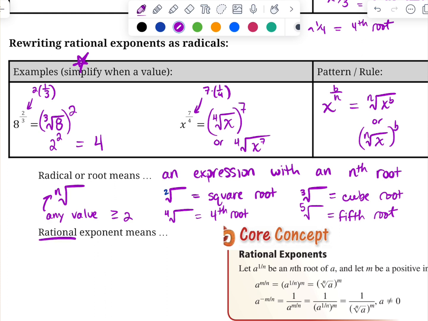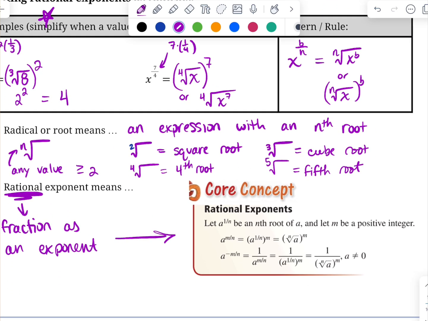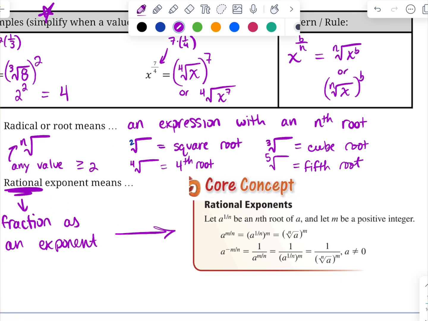A rational exponent, very simply, means you have a fraction as an exponent. I've included some rules from our textbook about rational exponents. Generally speaking, they involve a numerator and a denominator. You've got your fraction.